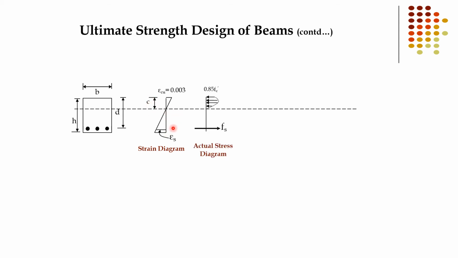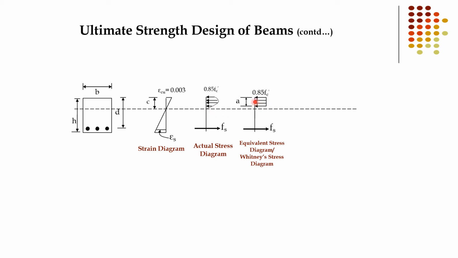Ultimate strength design, the actual stress diagram is here. As I showed in the previous slide, the stress strain diagram of concrete is shown here. Now here comes the main part. Why did I calculate the average stress?